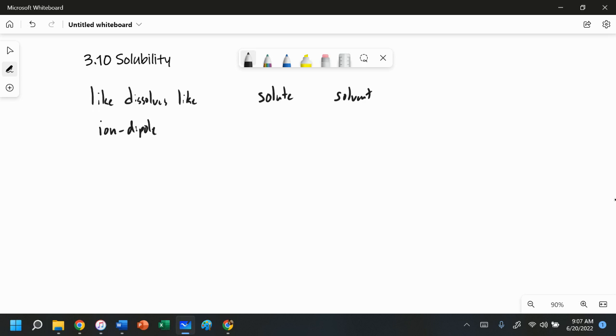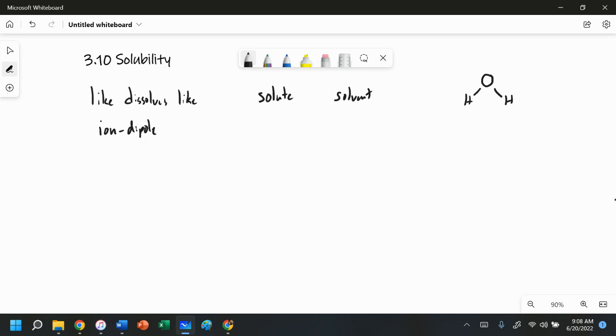So the first thing I want to talk about is what are called ion dipole attractions. In ion dipole attractions, you have an ionic compound that dissolves in a polar substance, because polar substances have dipoles. If you recall, water is a good example of this. Water has a dipole. One side of the water molecule is more negative than the other side.